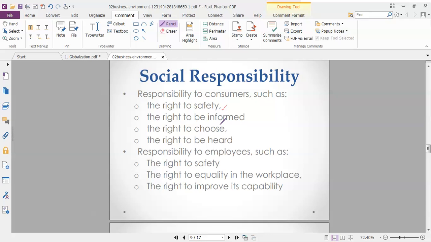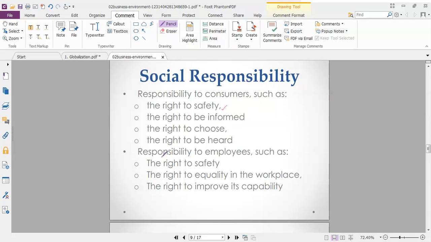The right to be informed, the right to choose, the right to be heard. That is the responsibility to consumer. If there are some ingredients that are not halal, you should inform in the label of your product, for example like that.